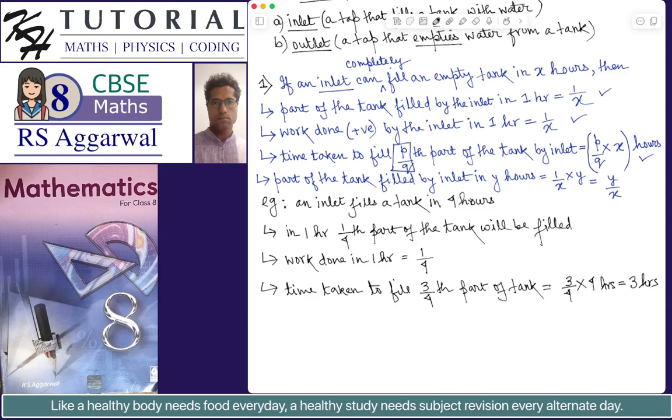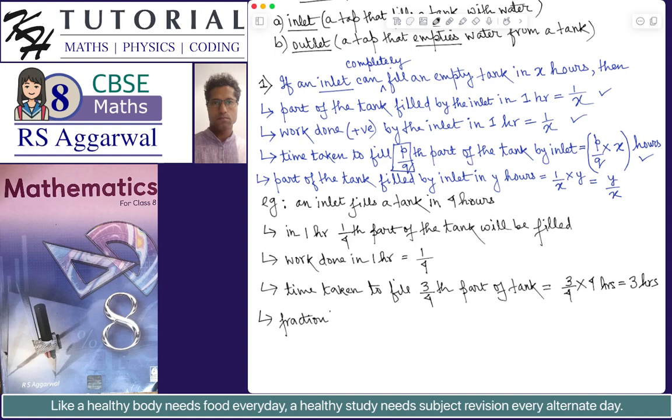Okay. Now let's see how much part, or what fraction of the tank, will be filled by this inlet in, let's say, 2 hours. Fraction or part, it is the same thing.